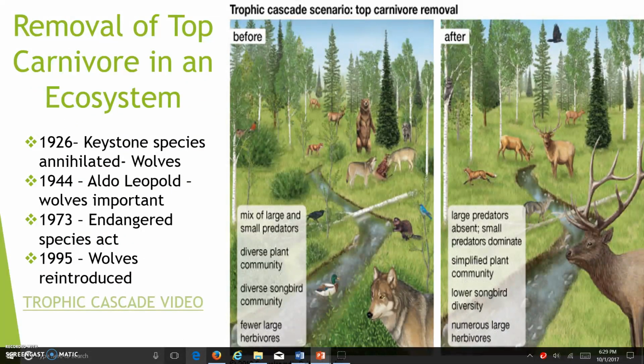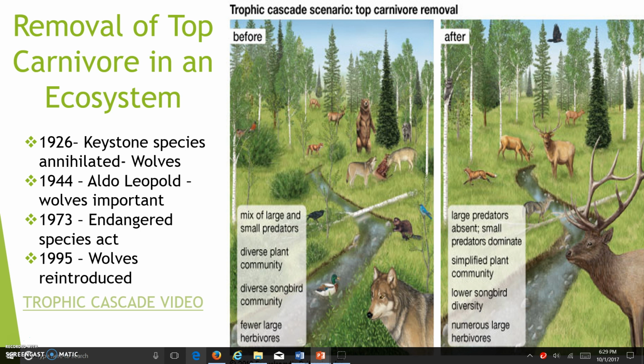Okay, so let's look at the example of trophic cascade in relation to the removal of a top carnivore in an ecosystem. In 1926, a keystone species, the wolf, was annihilated from western United States, in particular Yellowstone National Park.